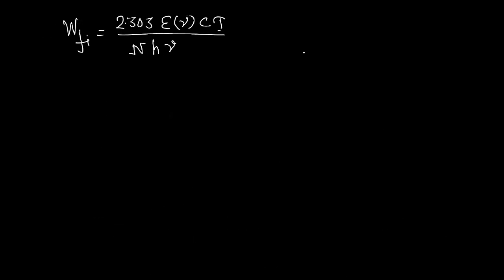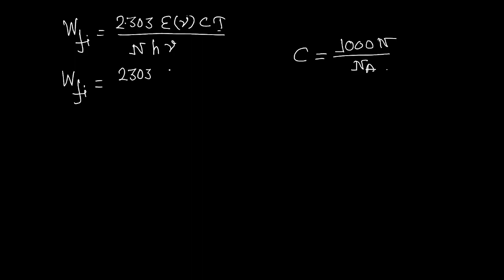Now C is the concentration, which can be written as the molar concentration like this. So rewrite these things as 2.303 mu N I N A N H nu.